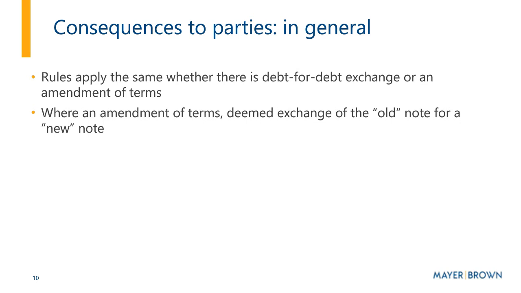And then finally, when you have this happen, the question becomes, what is the issue price of the new instrument for determining whether there's been gain or loss on the deemed exchange, or the actual exchange in the case of the debt for debt exchange? And the answer depends on whether or not the old instrument or the new instrument is treated as publicly traded, which we have another slide on that we'll get to in a second.